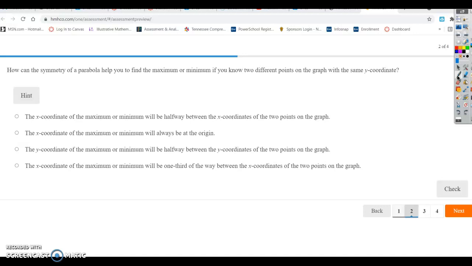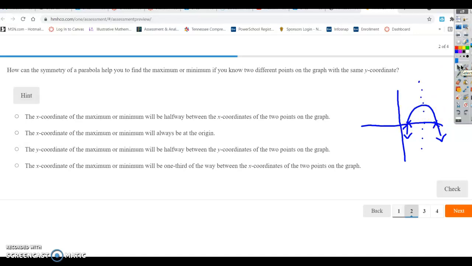So if I can sketch a graph here, if we have a parabola that looks something like this, and we know one x value and we know another x value, then we know that a parabola is symmetric about the vertex. So it kind of is a reflection across that. That's what it means to have symmetry.